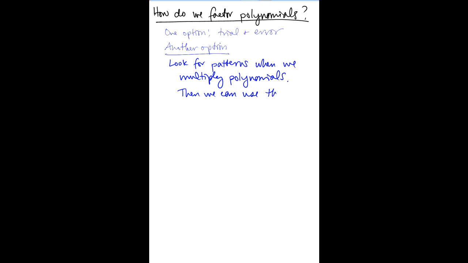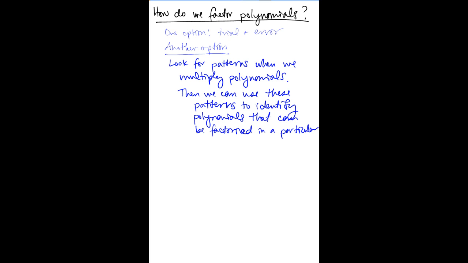We can use these patterns to identify polynomials that can be factored in a particular way. Okay, so if we're going to do that, let's look for patterns when we multiply polynomials.